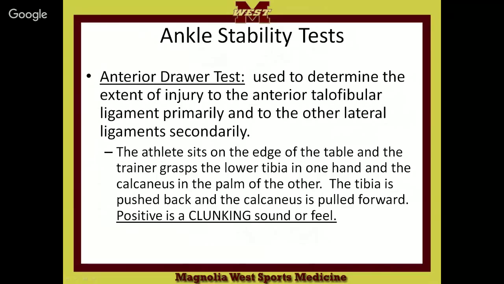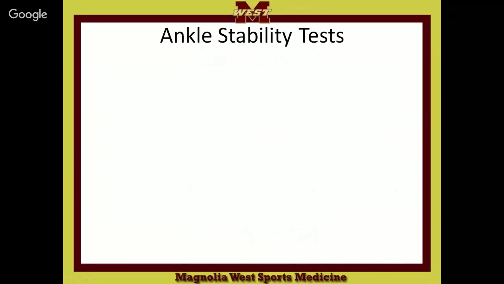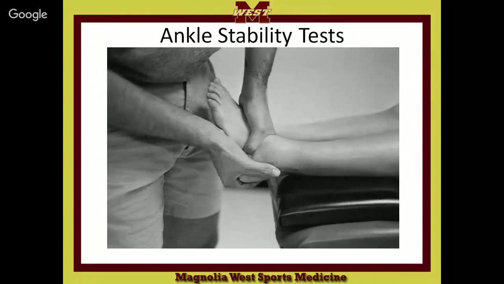The athlete sits on the edge of the table, and you hold the tibia with one hand and the calcaneus, the bottom of the heel, with the other. You push the tibia back and pull the calcaneus forward, a sliding motion. See, he's supporting the heel and the tibia, one with each hand. So you pull the heel and push the tibia.